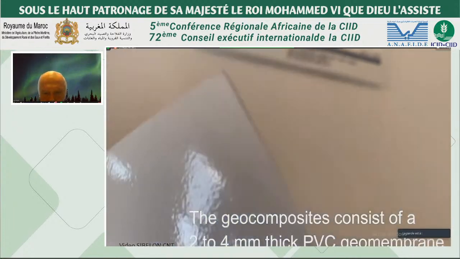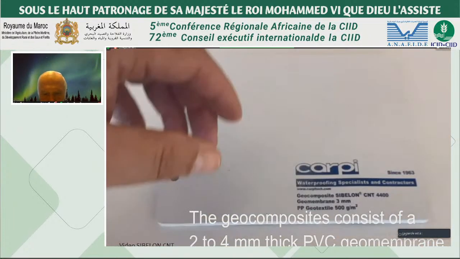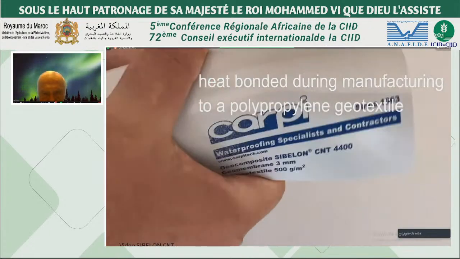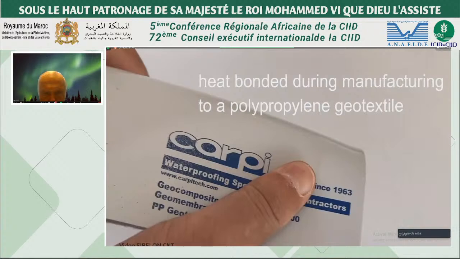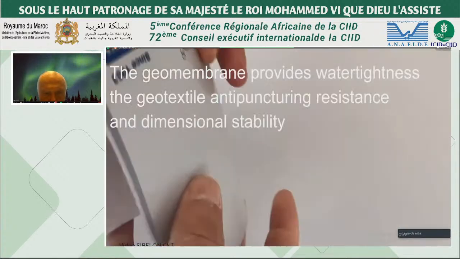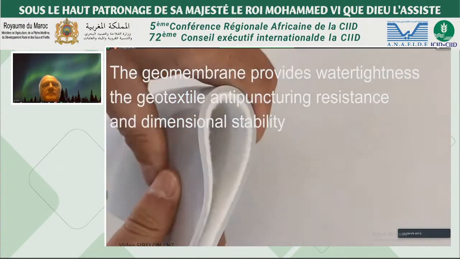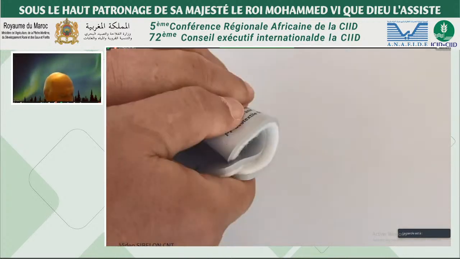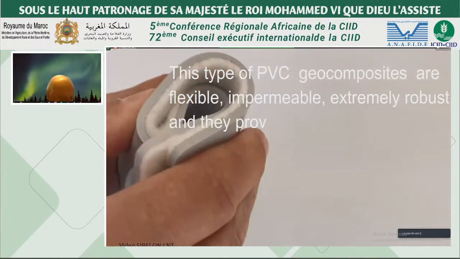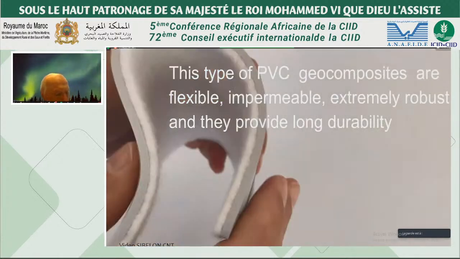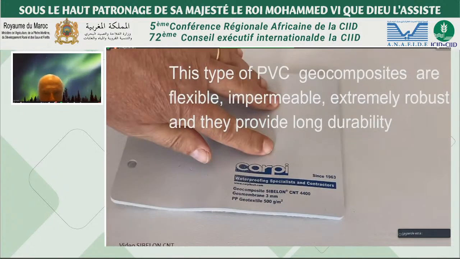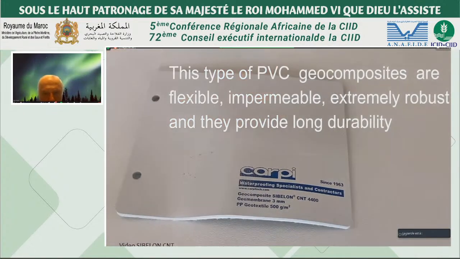The geocomposites consist of a 2 to 4 mm thick PVC geomembrane bonded during manufacturing to a polypropylene geotextile. The geomembrane provides watertightness, the geotextile anti-puncturing resistance and dimensional stability. These types of PVC geocomposites are flexible, impermeable, extremely robust, and they provide long durability.